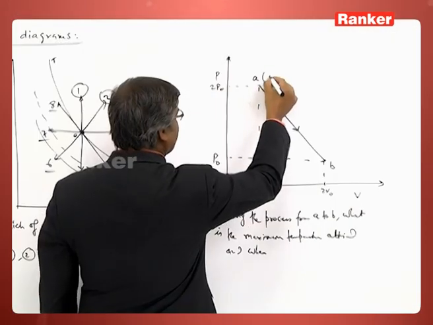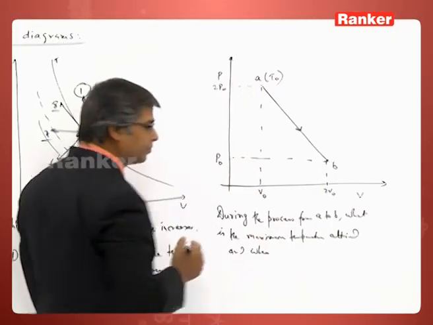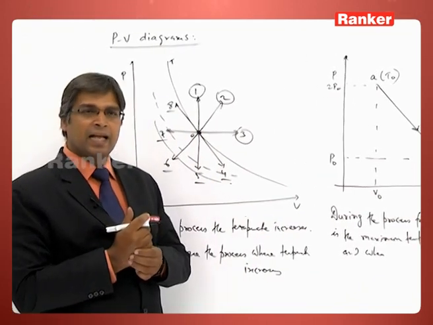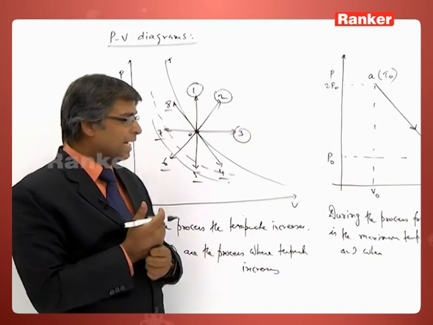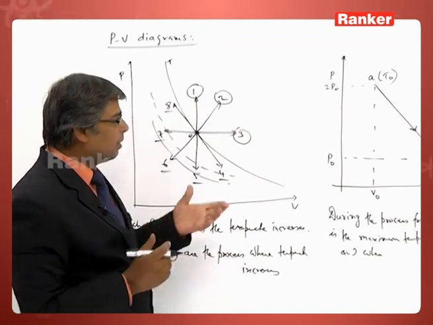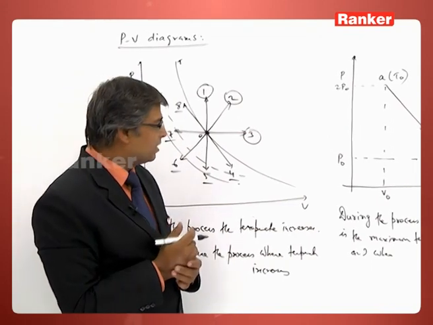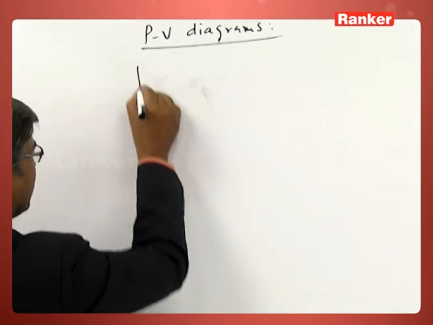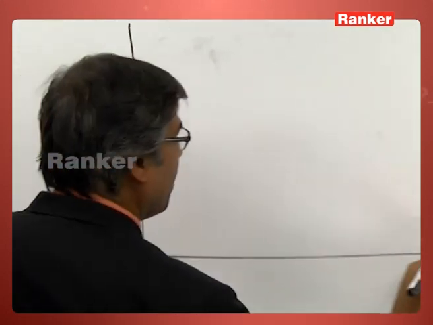It is given here that the temperature is T0. So we have to find where and how much is the maximum temperature attained by the gas, by the system. So now let us see this graphically.